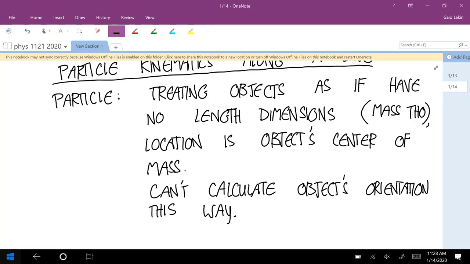There are a lot of times when you need to know an object's orientation where that's important information, and in those cases, you can't do this. But we're going to start out by just tracking the location of the center of mass of objects as the object moves around. And if it rotates or whatever, we're just uninterested in that information.